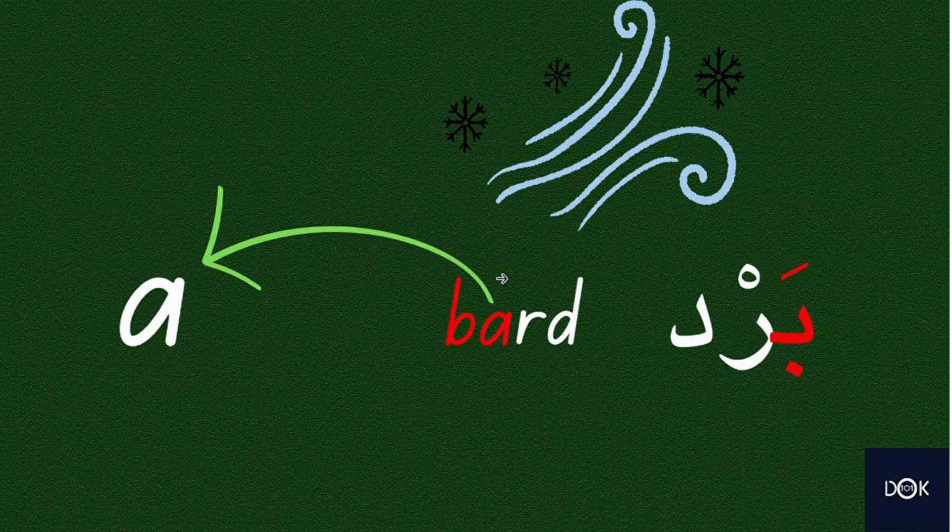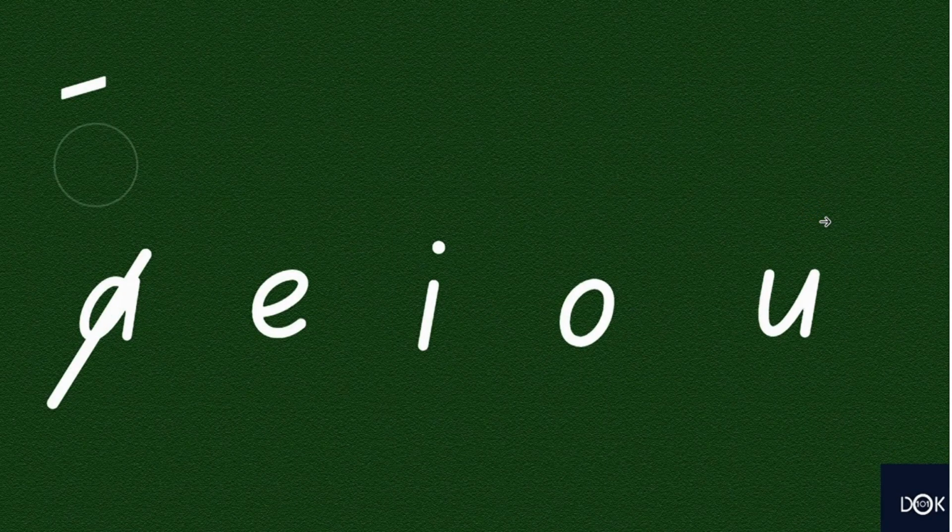And the sound of fatha does resemble the vowel A in English, and that's it for fatha. So we are done with the first vowel, that is fatha, and that resembles the sound of vowel A in English, and we are left with 4 vowels from English and 2 from Arabic.